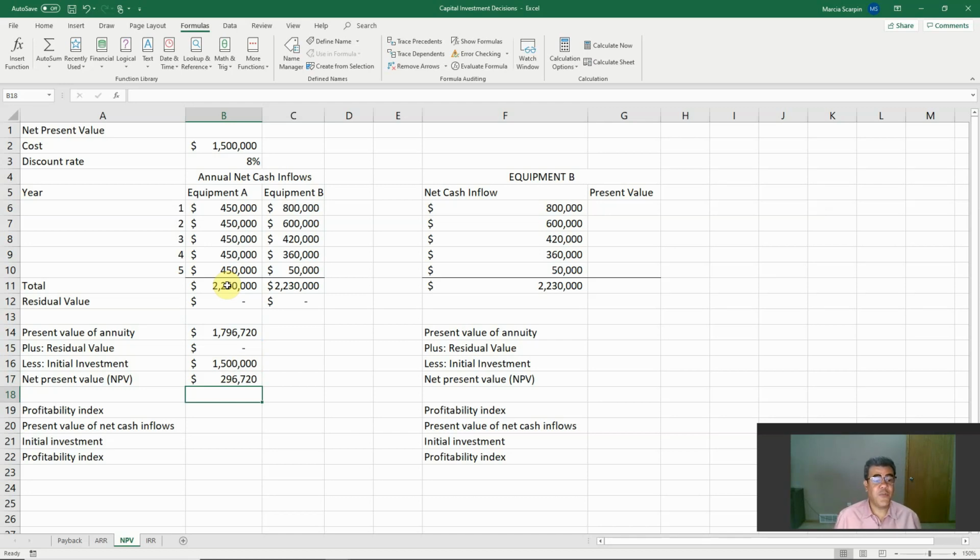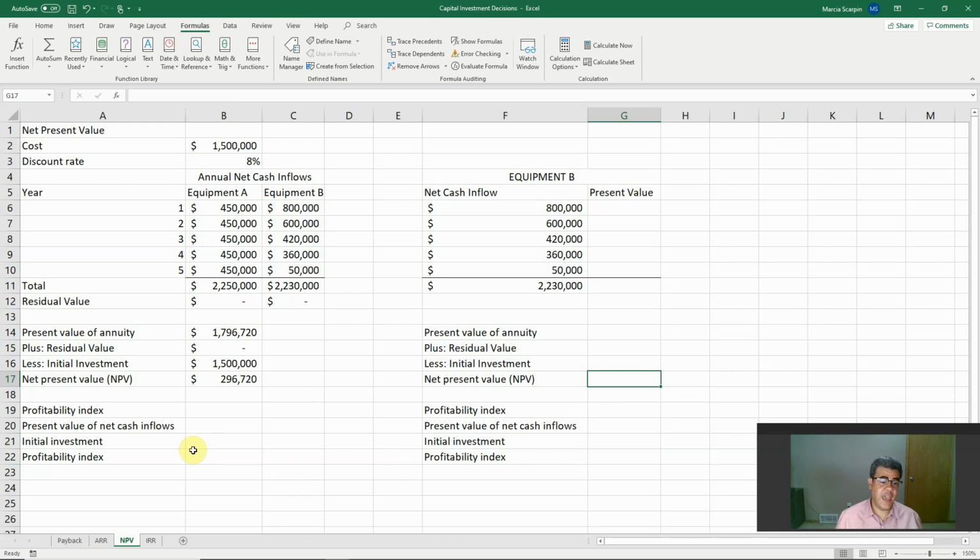What is the profitability index? It is not so useful here because we have the same initial investment. However, if we have different initial investments, we will not be able to compare those net present values because it is two different scales.